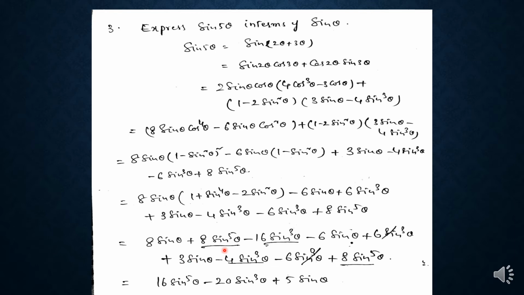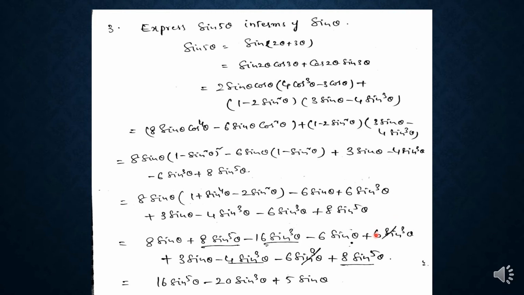Now by simplifying this, the maximum power terms are 8 sin to the power of 5 theta plus 8 sin to the power of 5 theta, that is 16 sin to the power of 5 theta. Minus 16 sin cube theta minus 4 sin cube theta, that is minus 20 sin cube theta.